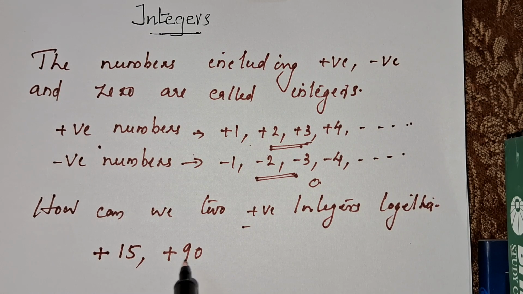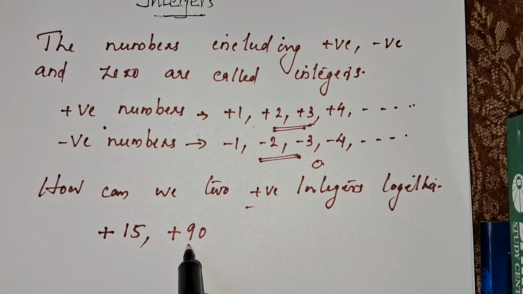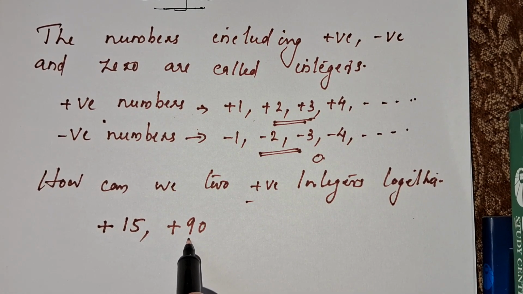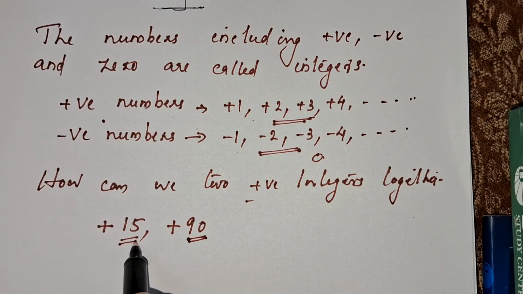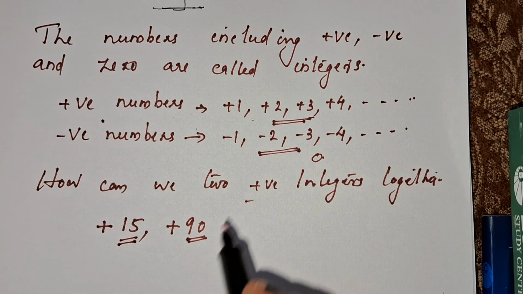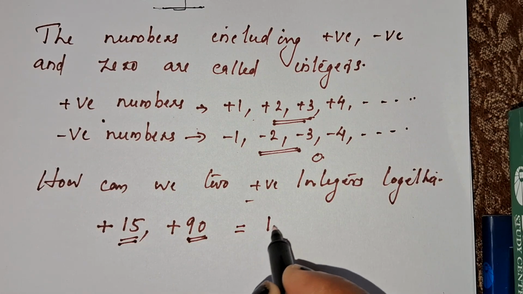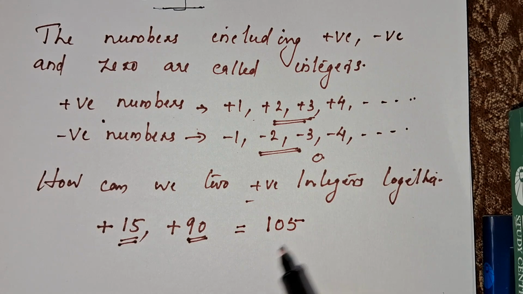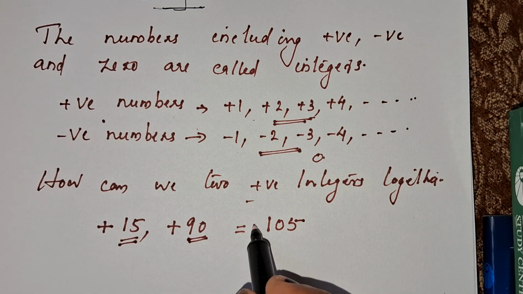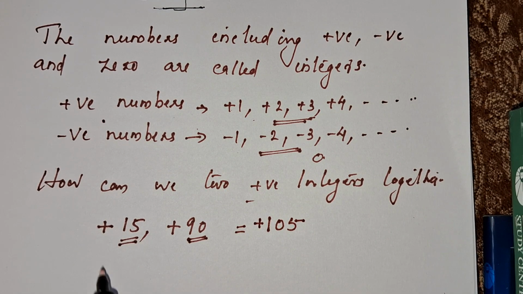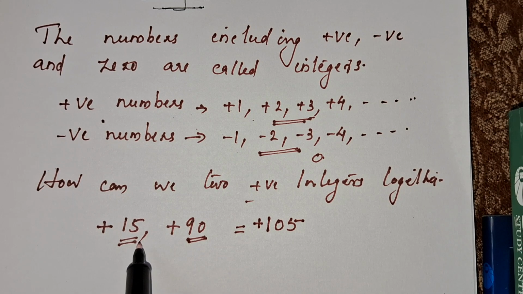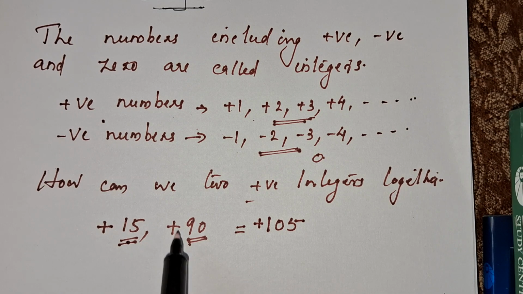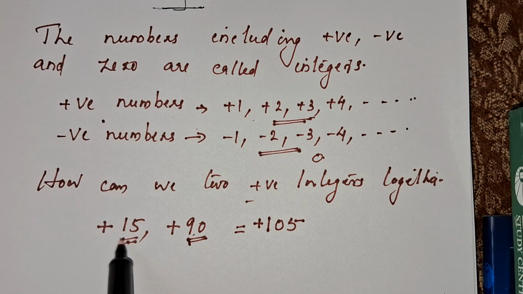First add the numbers together. Here the numbers are 90 and 15. 90 plus 15 is equal to 105. Then the sign is positive. Two positive numbers, +15 and +90. First add the numbers together, then put the positive sign.